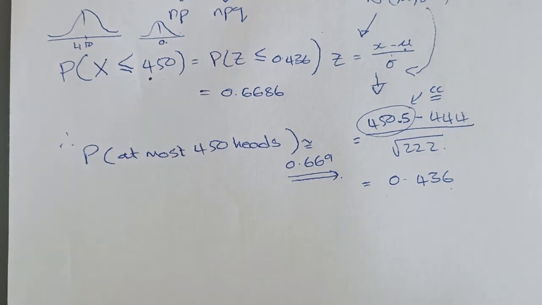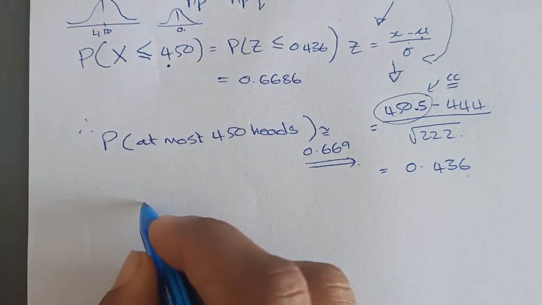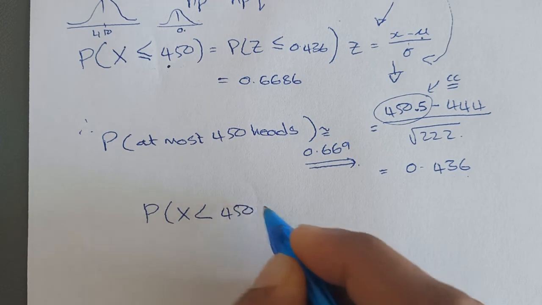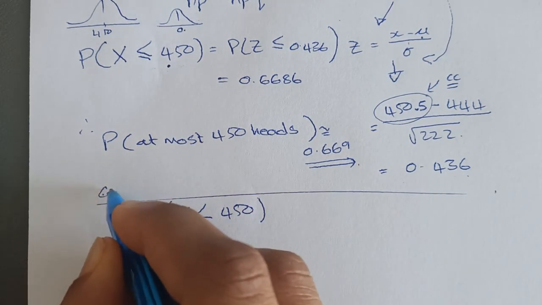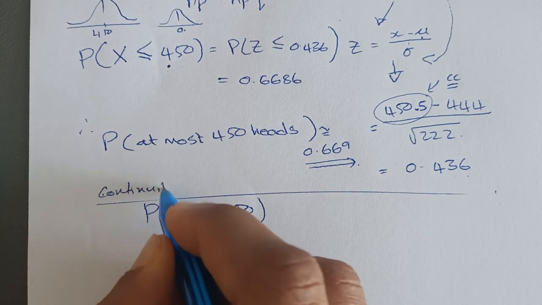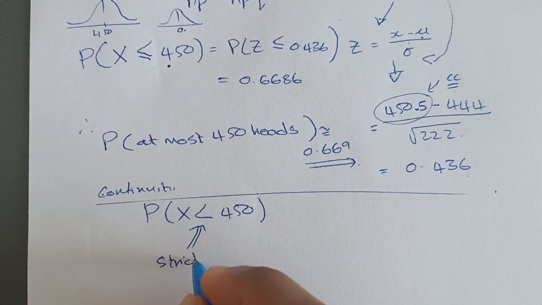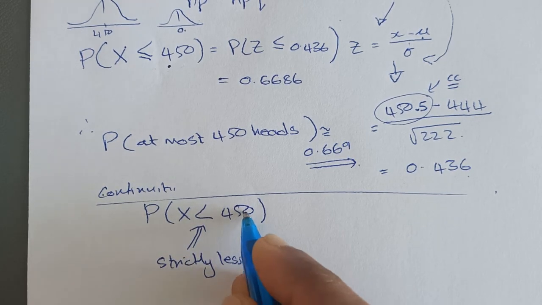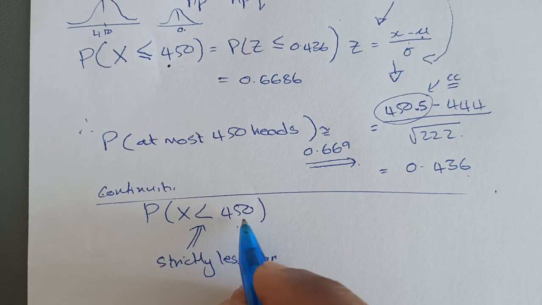If you want to summarize it, the whole idea behind this is that if we had, for instance, probability x was less than 450, then our calculation would change. So this is just to show you the idea of continuity. Now remember, this is strictly less than. So when you have strictly less than, that means you can't go over, right? You can't go over, which means it excludes the 450.